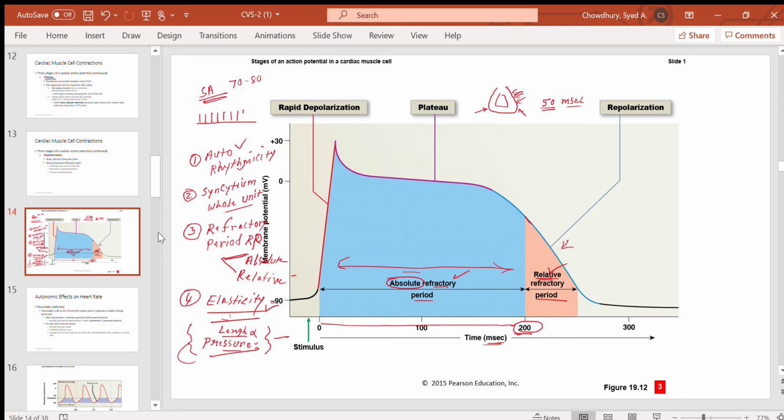And this law is called Frank-Starling's law. However, this law will not work if the elasticity is lost. Okay, and that is called heart failure.